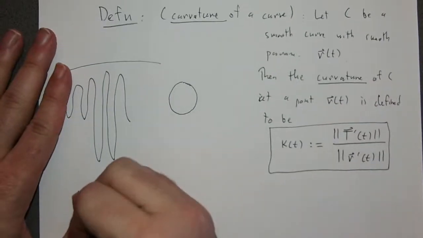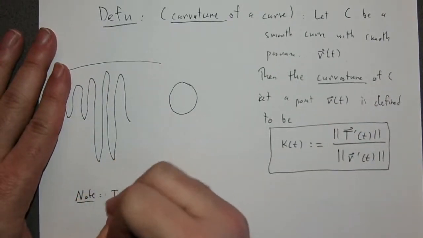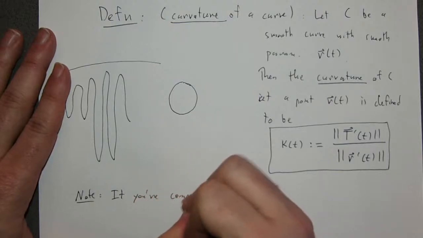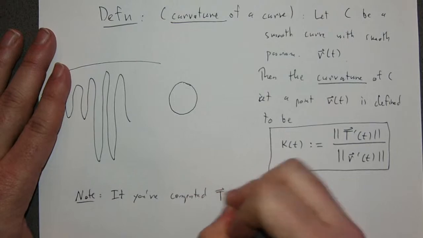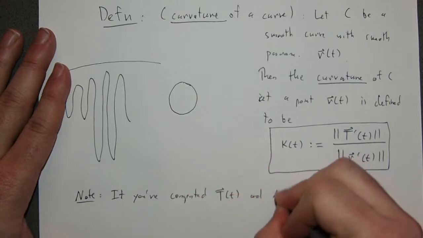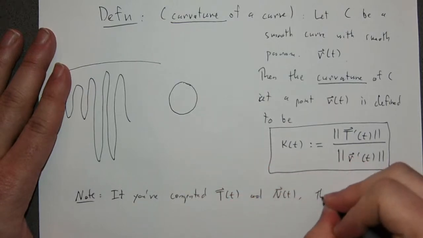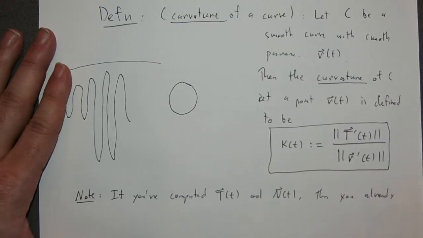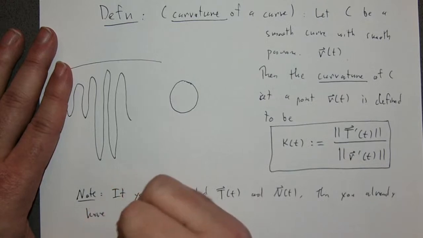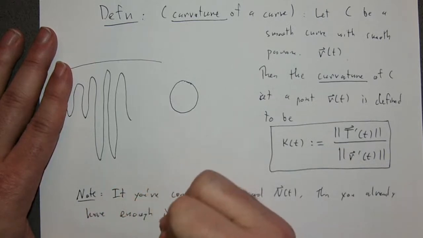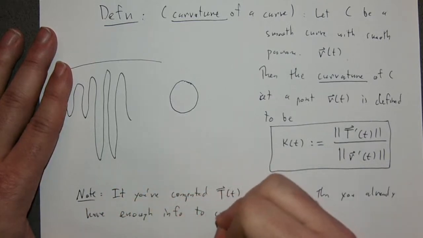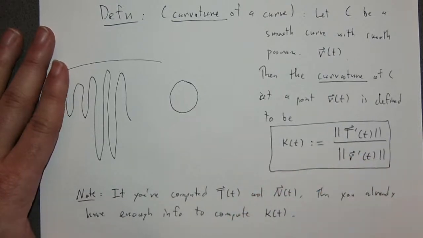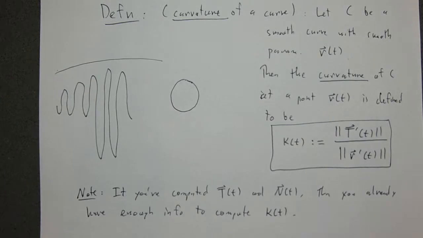So note, if you've computed T of t and N of t, then you already have enough info to compute the curvature.